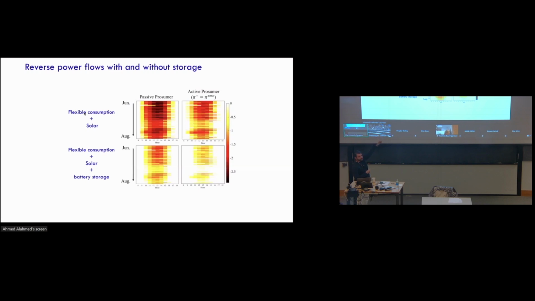The darker it is, the more reverse power flows. And if you become active, because there is this net zero zone, you consume more renewables behind the meter, and you can see that the reverse power flows are reduced. When you install a battery, this is even clearer. You can see that the reverse power flows are really minimized. Okay. Any question on this?